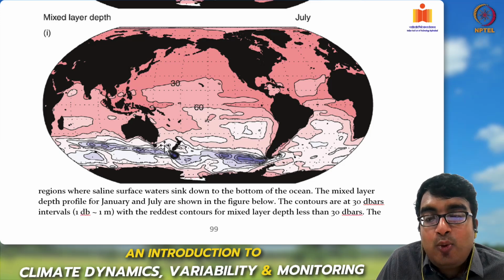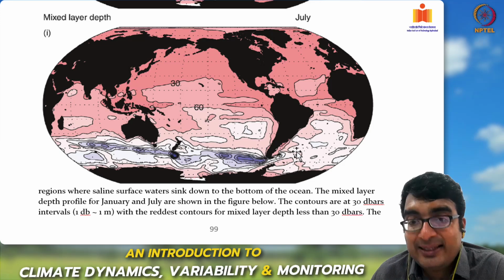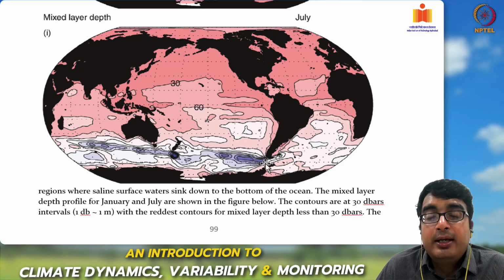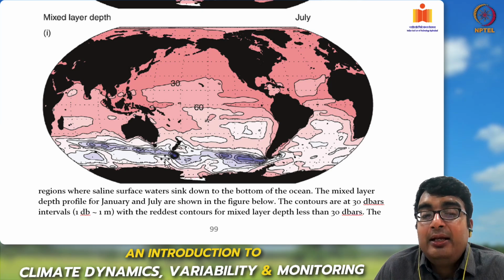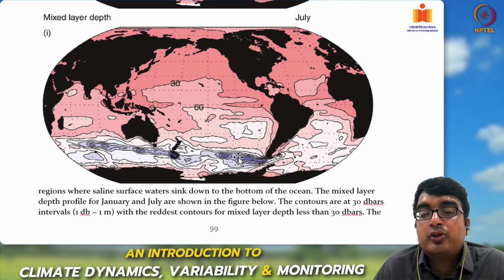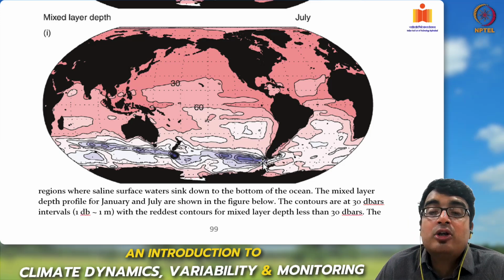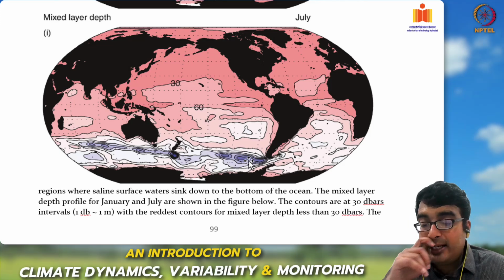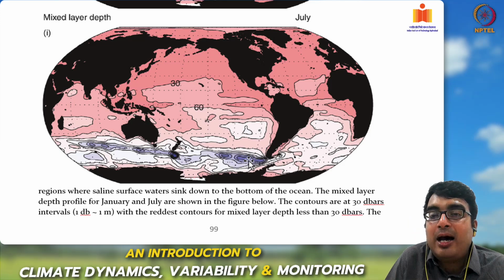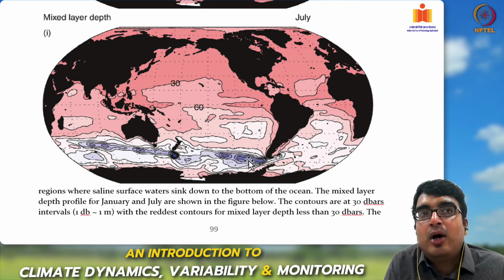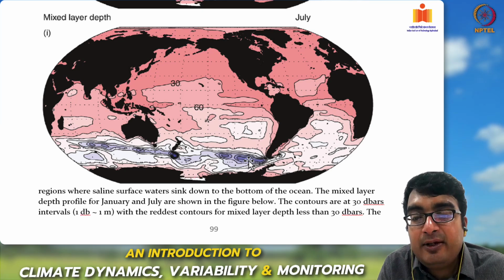So especially in the winter hemisphere, the mixed layers are thicker. Also, near the high latitudes, close to the Antarctic Peninsula, you have extremely deep mixed layers where there is strong upwelling and downwelling of surface level waters with the deep level waters.